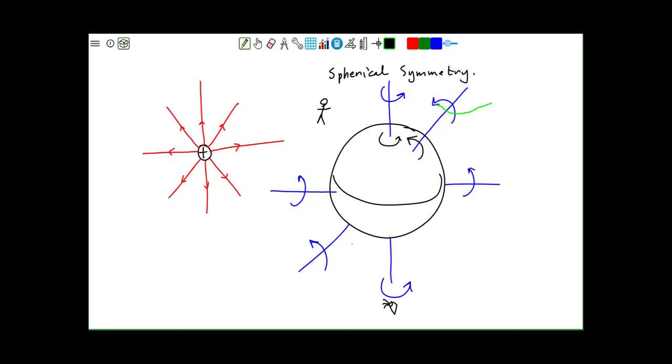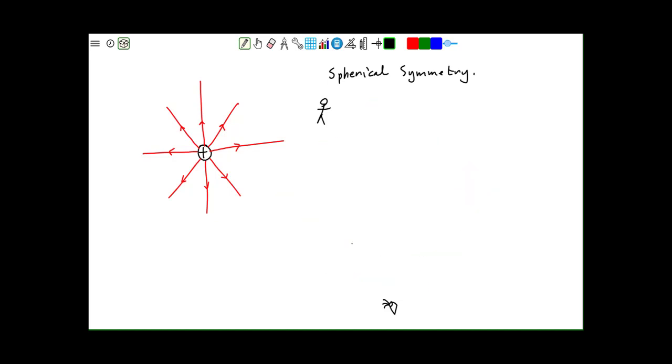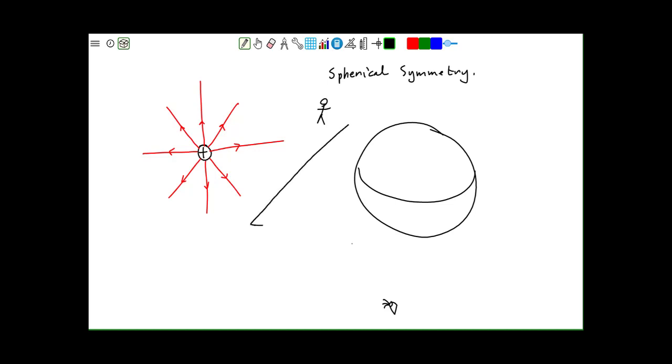Now, what if we take a plane and slice the sphere? We'll take the same sphere, but let's take a very long plane that slices the sphere right through the middle.